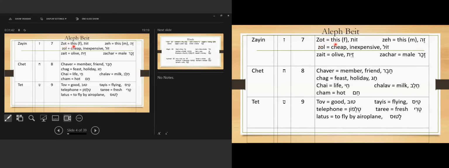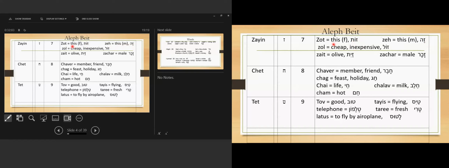Let's just look at the letters tonight. Gum also is G, A, M. Gum. Very, very easy. Gum is also body, gaon, genius, goof.